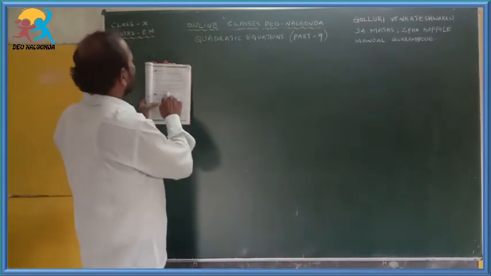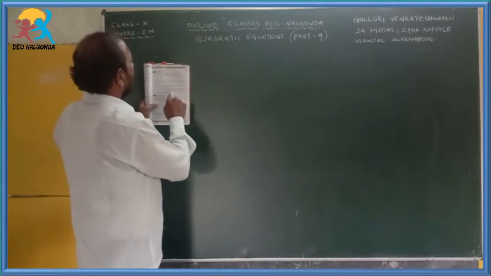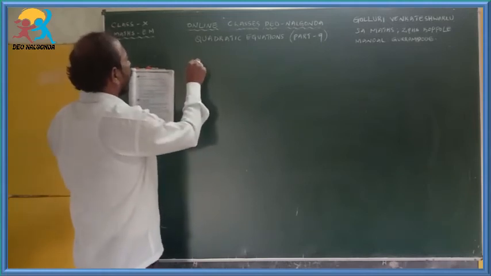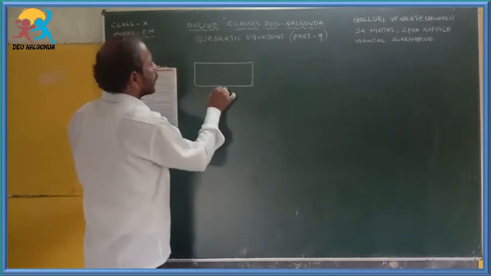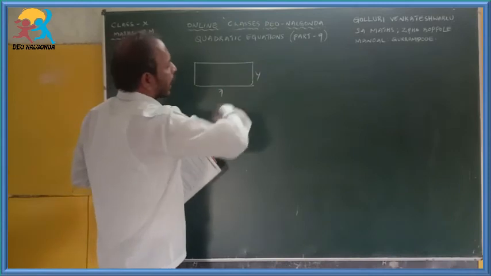Is it possible to design a rectangular park? Perimeter is 80. Here it is a rectangular park. Length is taken as x, breadth is taken as y.